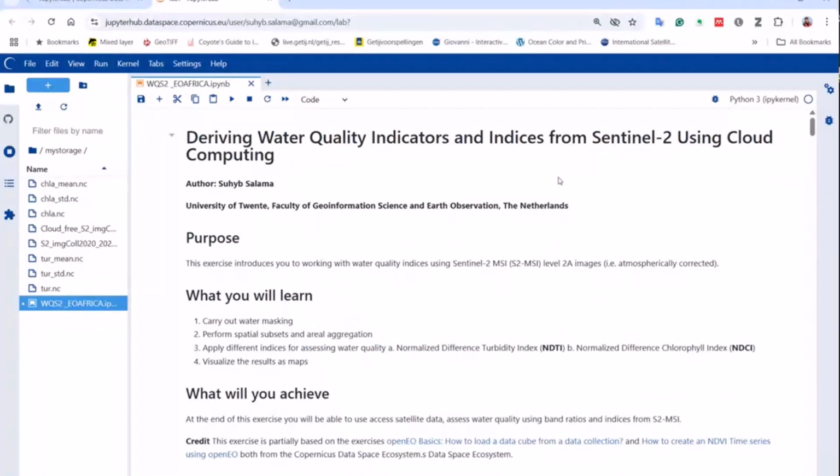This is a very nice example that applies all the steps we have seen in the lectures to come up with a very nice index, a chlorophyll index, but also a turbidity index. And we convert that to anomalies, standardized anomalies, and we can see really very nice patterns.